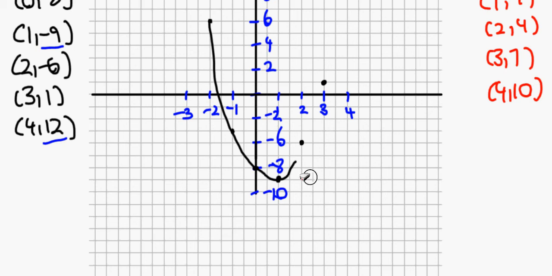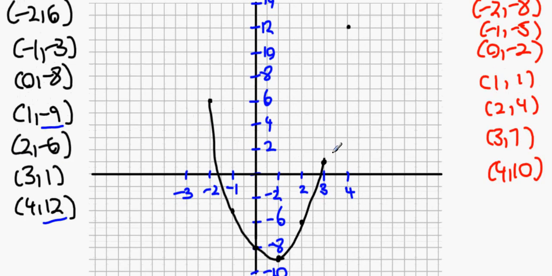So I'm just going to rub that out best we can. So this is roughly our graph here. There we go. Okay, so we have a graph here.